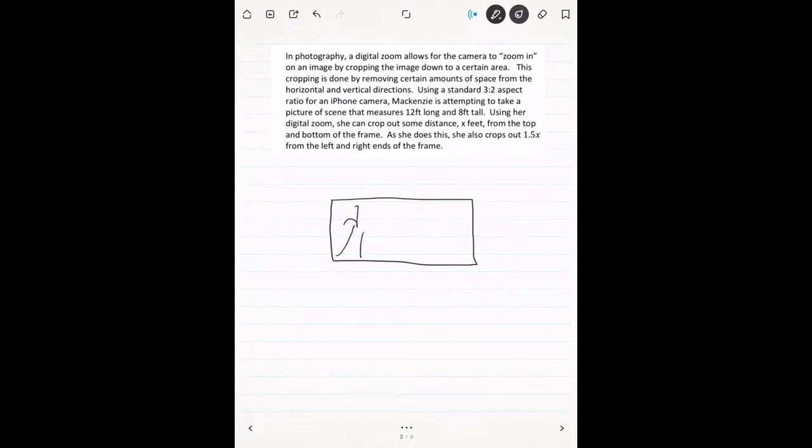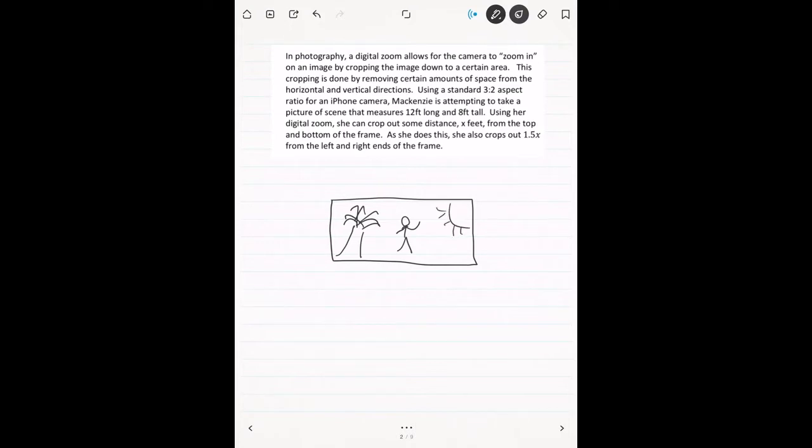Let's say there's trees. That's a great drawing, I know. There's your friend waving in the distance, and let's say there's the sun over here.